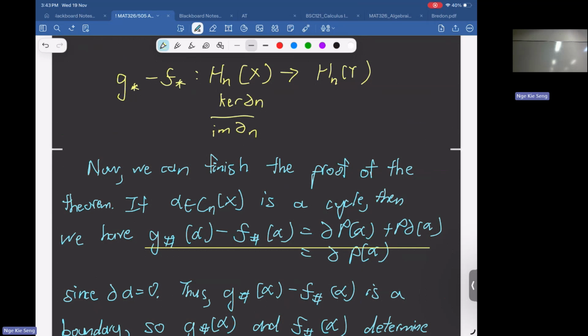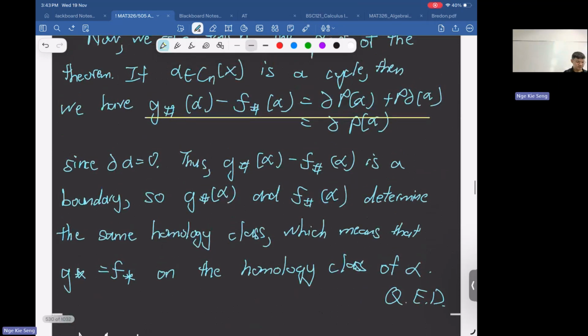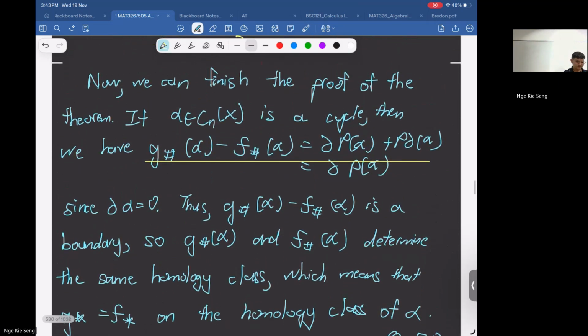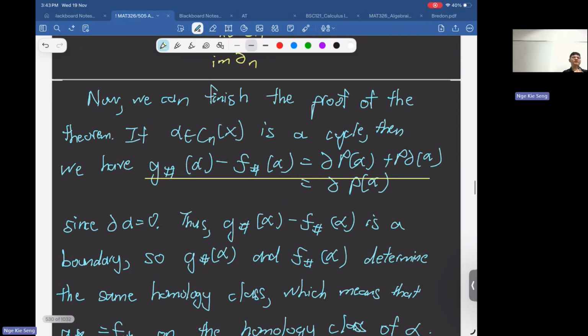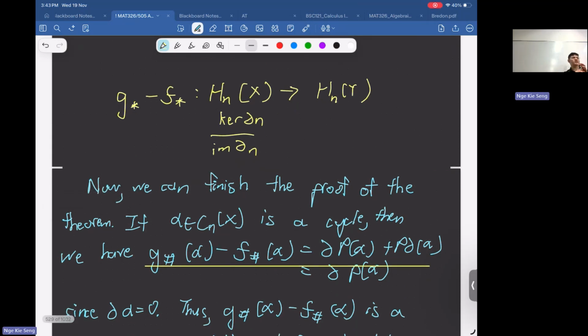But if you are an image of something, under that map it should be 0, because you quotient by the image. If it is quotient by a boundary, then that thing is 0. So 0 goes to 0. So the non-trivial thing is actually the kernel. Okay, so you already send the top part to 0, then the bottom part obviously goes to 0. Okay, so this is a 0 map. A very important property is this. So we extract this idea out.